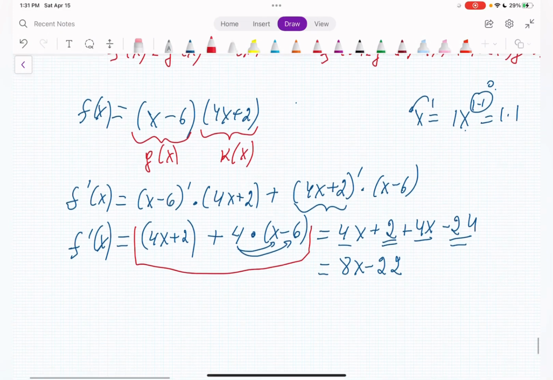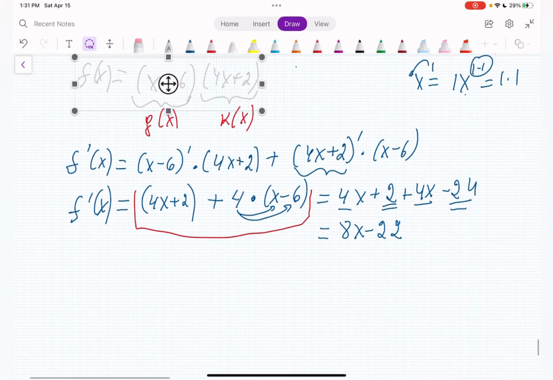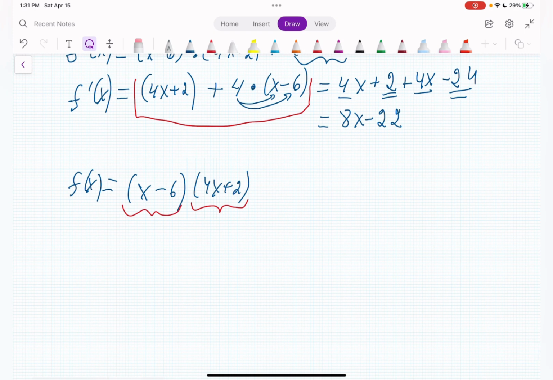What do I get here? I'm multiplying x times 4x is 4x squared, because when the base is the same, we add the exponents 1 and 1.